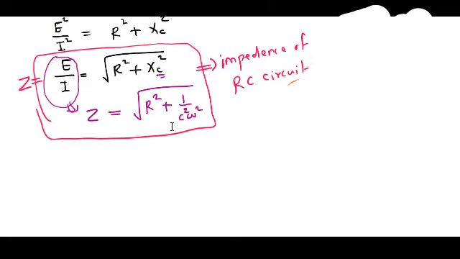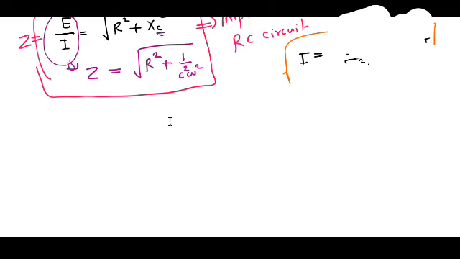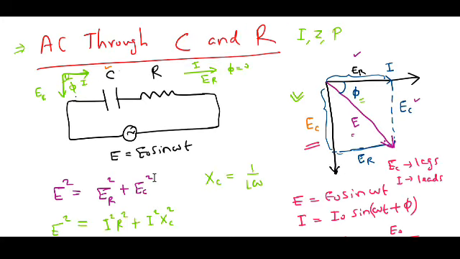Okay. Now let me define the phase angle phi. If you look at this phasor diagram, you can write tan phi equals opposite side by adjacent side, that is EC by ER.